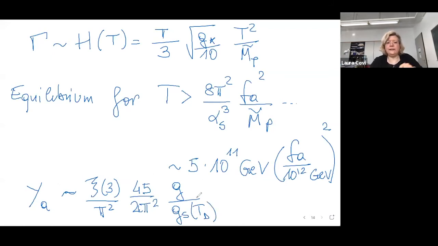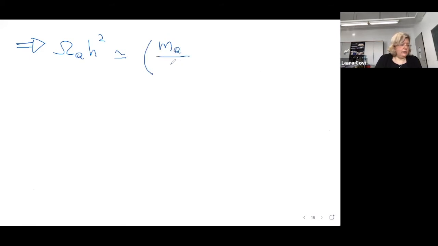And as I said, at the end, you can just compute very easily the Omega h squared. And this gives you the final result for the thermal distribution. You see that in order to get something of order 1, you need a mass of the axion of the order of 0.2 electron volt.